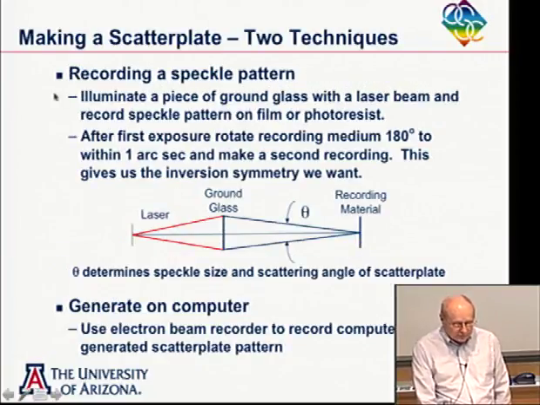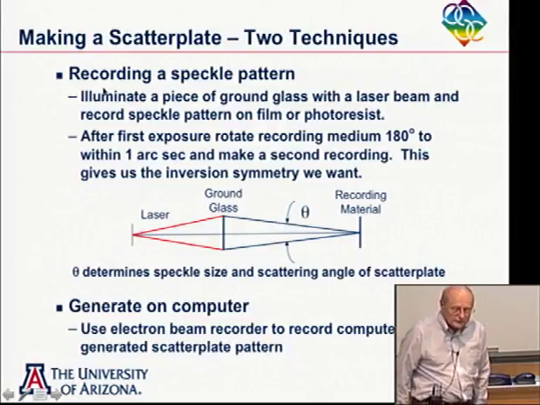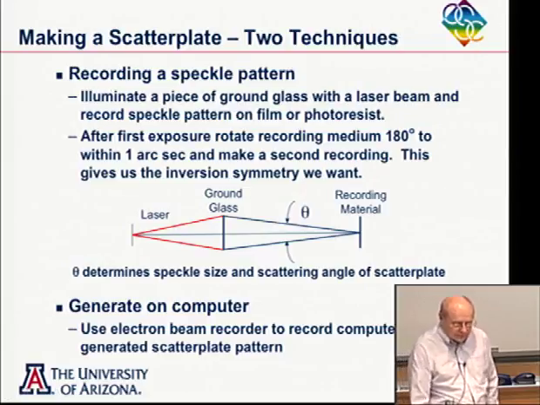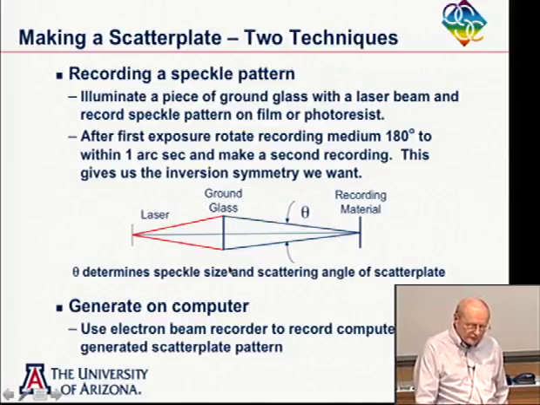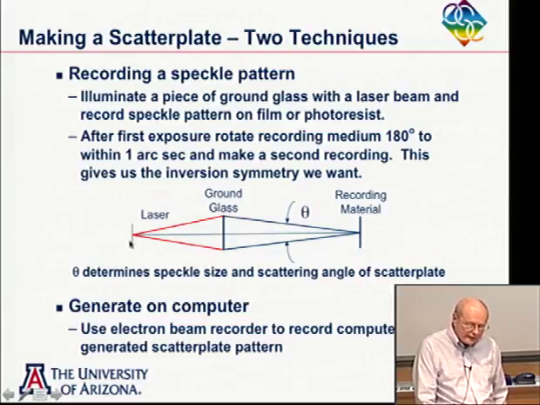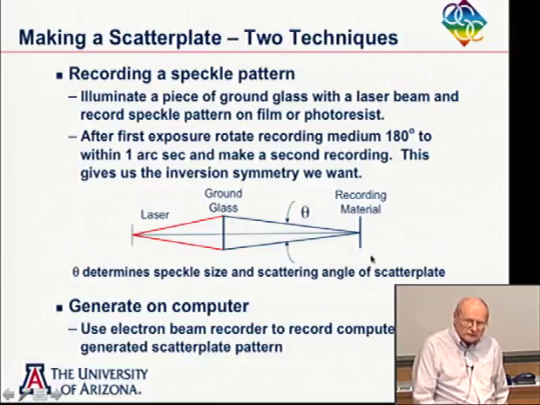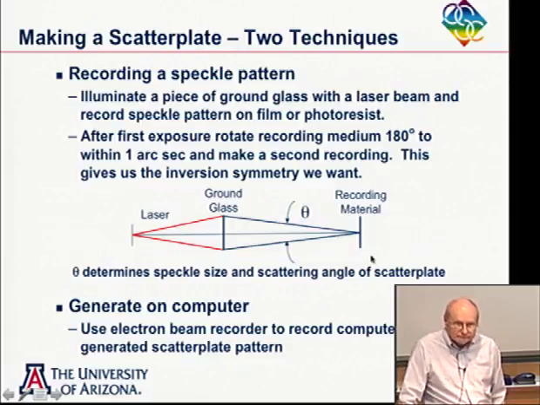And there's 2 ways. As I said, I had 2 students do their PhD on this, and they used 2 different ways of making a scatter plate. What Larry did was he took a piece of ground glass, just a regular piece of ground glass, and he illuminated it with a laser beam. And if you come over here some distance, what do you see? You see a speckle pattern. Okay?